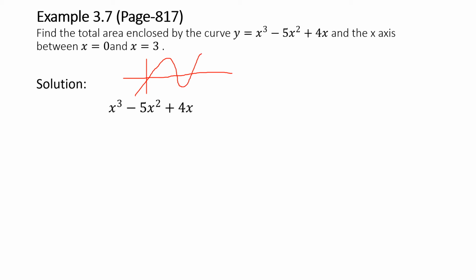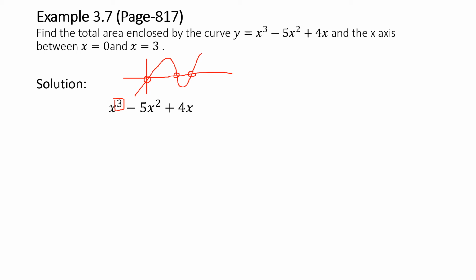Its power is degree 3, so it will be crossing the x-axis at 3 points.